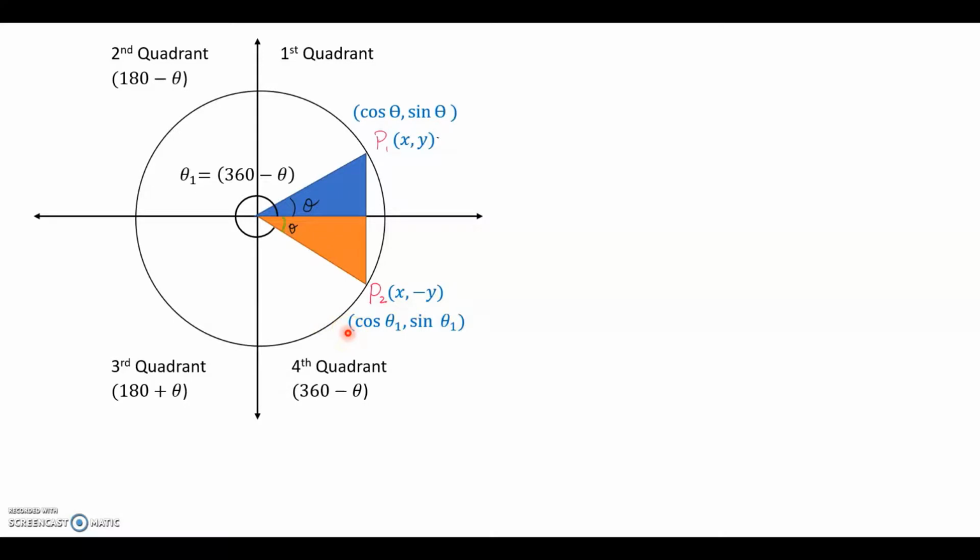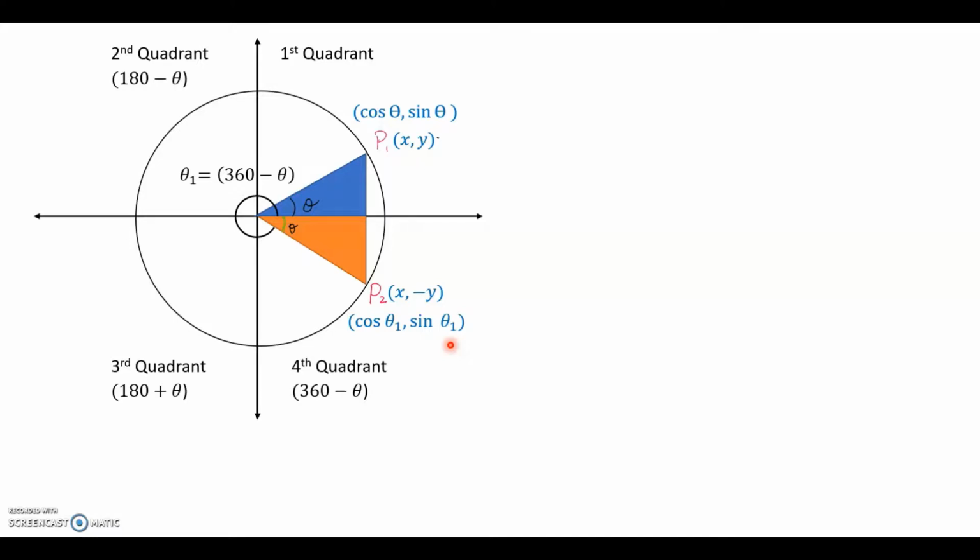So our coordinate for P2 will be cos theta 1 and sin theta 1. Is that clear? So now let's find out the exact values of cos theta 1, which is cos of 360 minus theta.